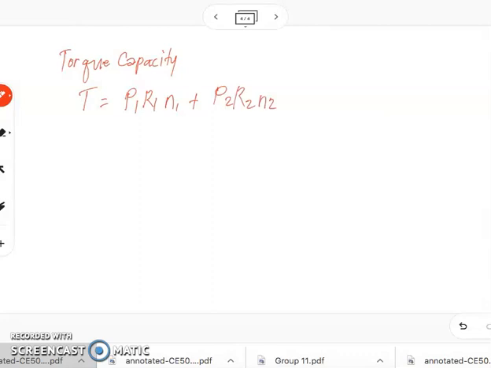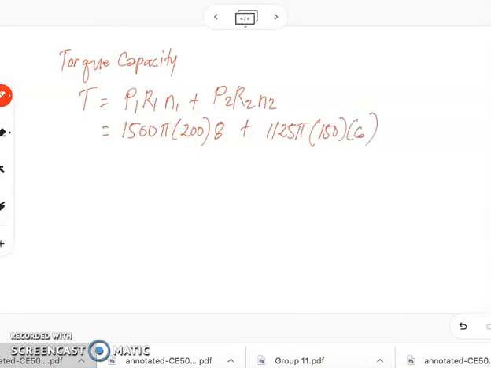P1 we have identified a while ago: this is 1,500 pi times 200 times N sub 1, the number of bolts on the outer circle, which is 8. Then plus our P sub 2, 1,125 pi times the radial distance on the inner circle, which is 150 mm, times the number of bolts, which is 6.